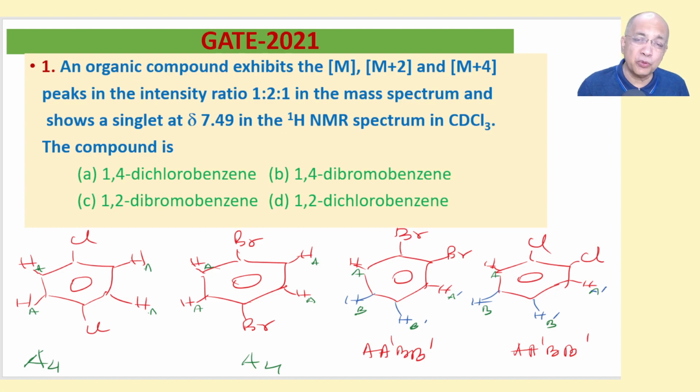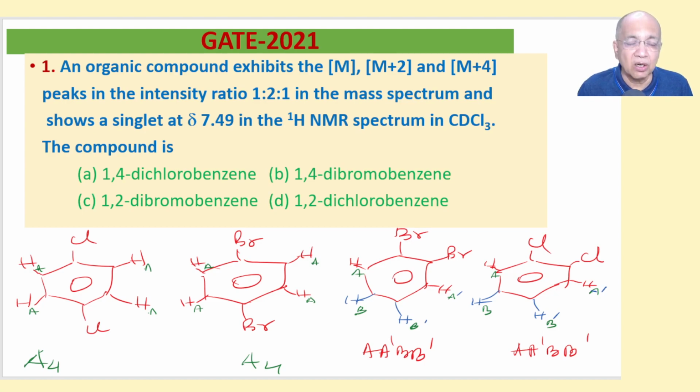This is the GATE 2021 problem. An MCQ type of problem is very easy. An organic compound gives M plus 2, M plus 4 peaks in the ratio 1:2:1 in the mass spectrum, and shows a singlet at 7.49 ppm in proton NMR in CDCl3 solvent.